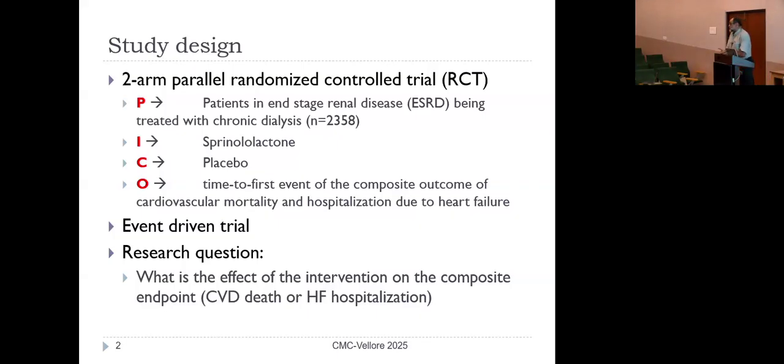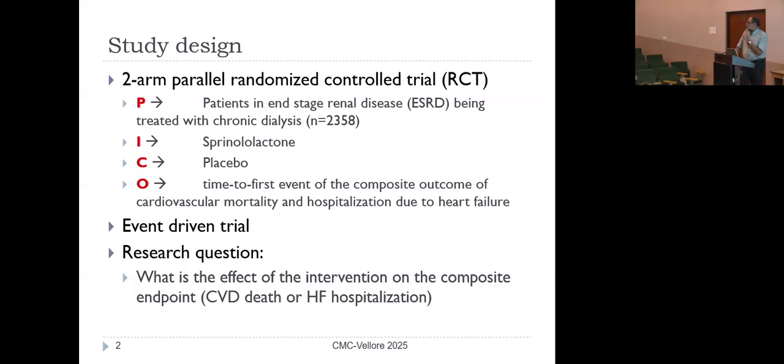What is the hypothesis that we're testing? We would assume that spironolactone will reduce the occurrence of cardiovascular mortality and hospitalization, or it will delay it and have it come later.